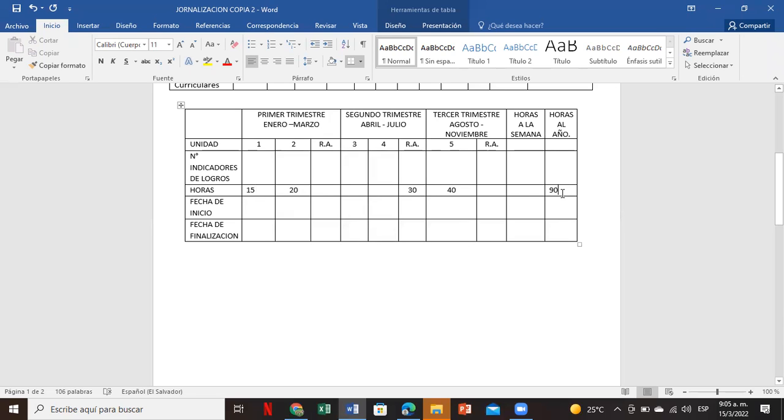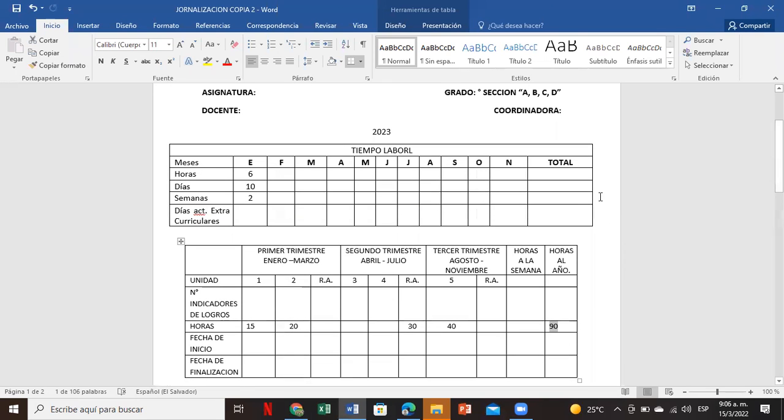And the total at the end, it doesn't matter if you are going to work on 10 units or 5 units. The total, Jackie, must reflect 90 hours here. This is just an example, okay? And 90 hours here, okay?